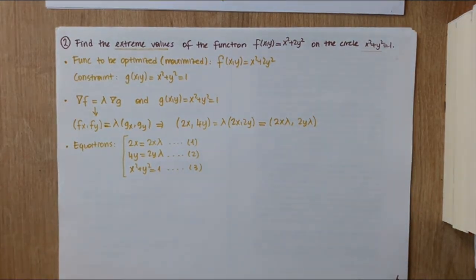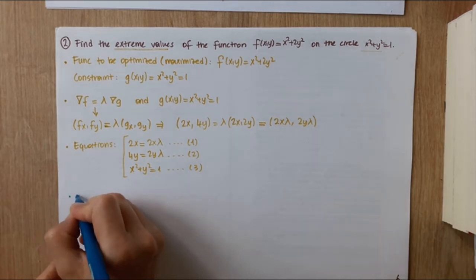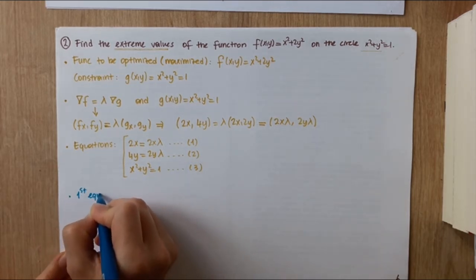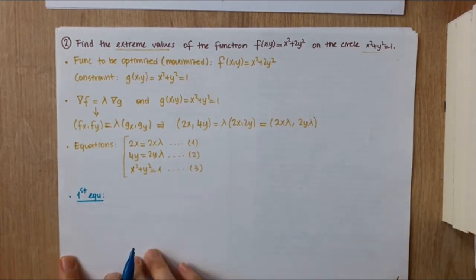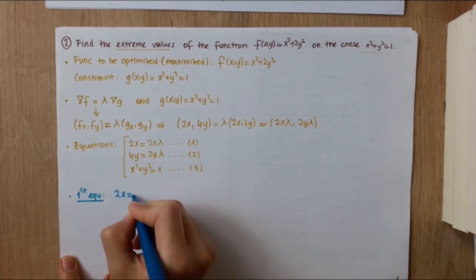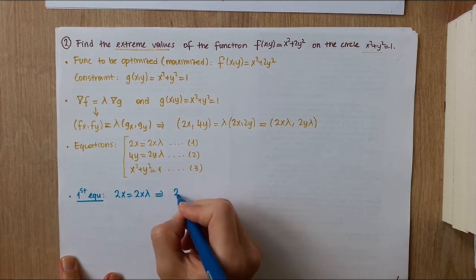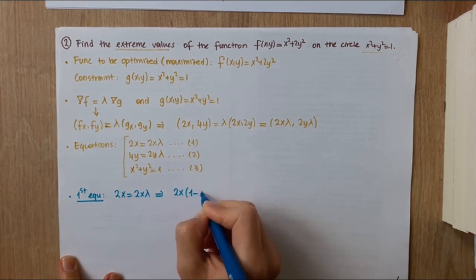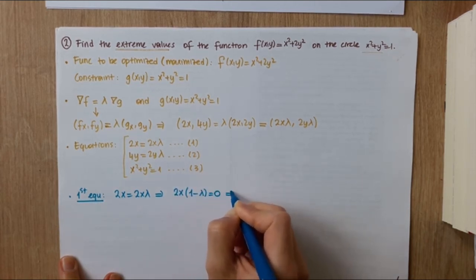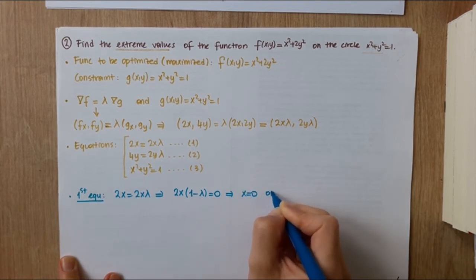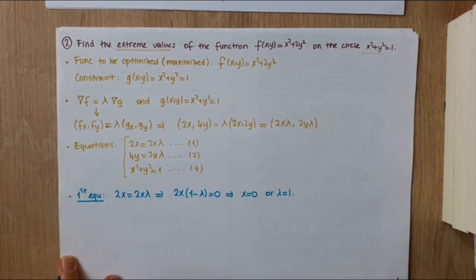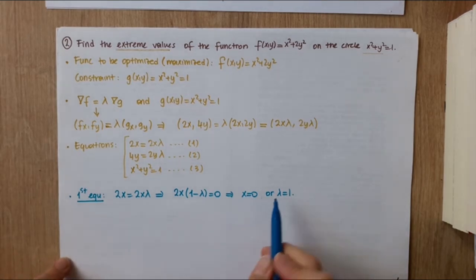Let's start with the analysis of the first equation. If you look at the first equation, I have 2x equals 2x lambda. So I can take this to this side, and I will have 2x in common parentheses times 1 minus lambda equals 0. It means x is 0 or lambda is 1. So I have two different possibilities.